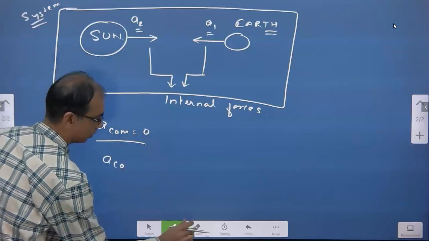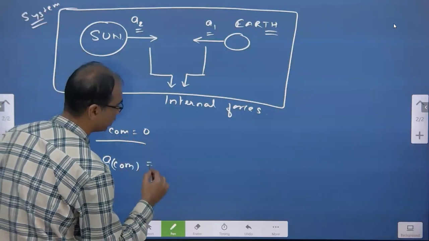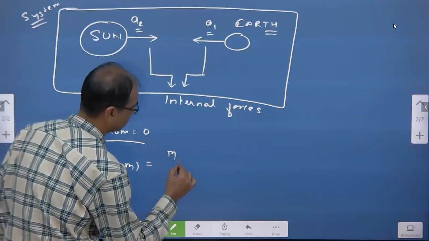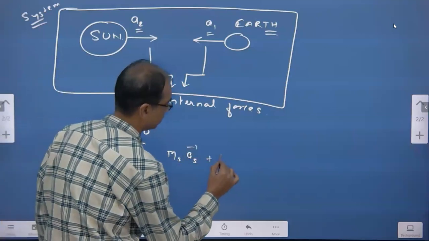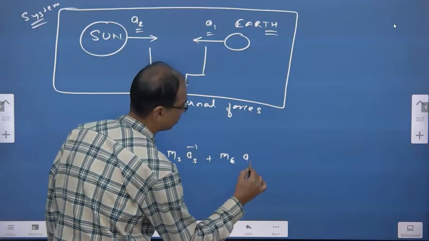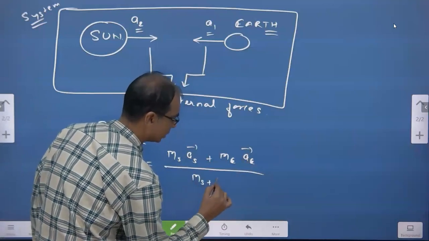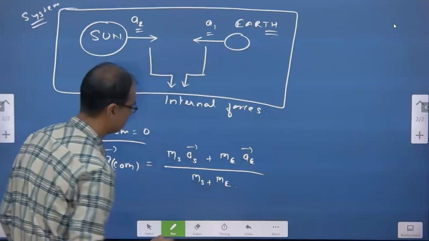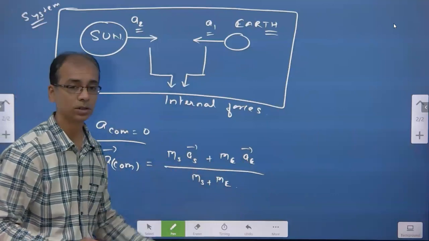ACOM is this, but what is this actually? Mass of the Sun times acceleration of the Sun plus mass of Earth times acceleration of Earth, divided by total mass. That is valid here also. So if this is 0, it doesn't mean that their accelerations are 0.